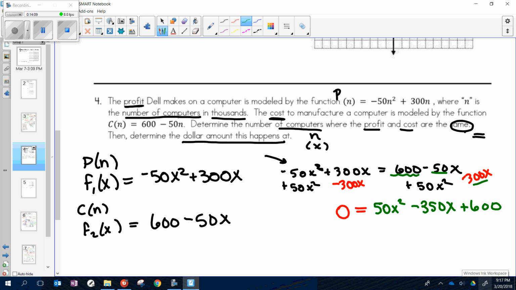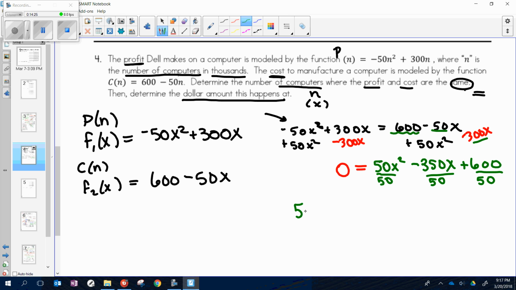You could use the quadratic formula on it, but I see a factor of 50 in each of these terms. So if I take a GCF of 50 out front, it's going to make it very easy to factor. So I'm going to pull the 50 out front and leave myself with x² by dividing it out, minus 7x plus 12. Then I'm going to put the equal 0 over there because that's where I'm comfortable with it.